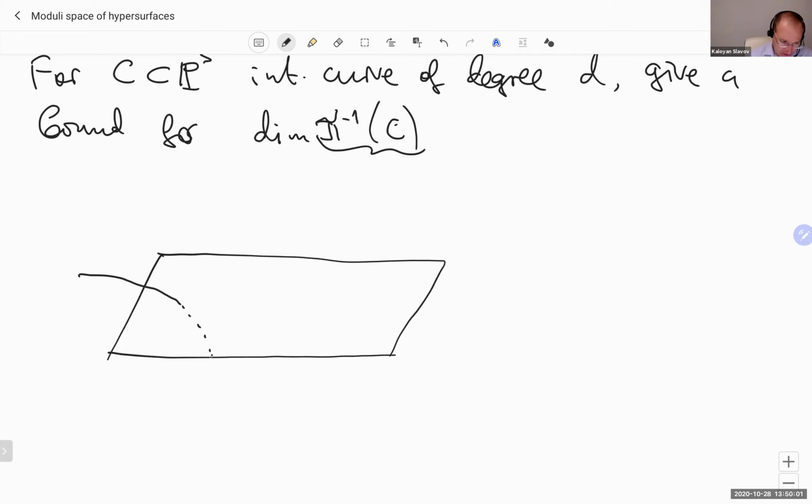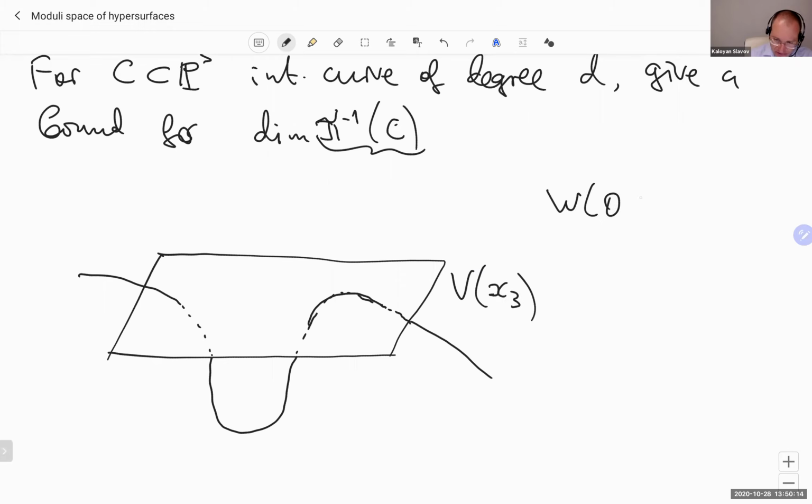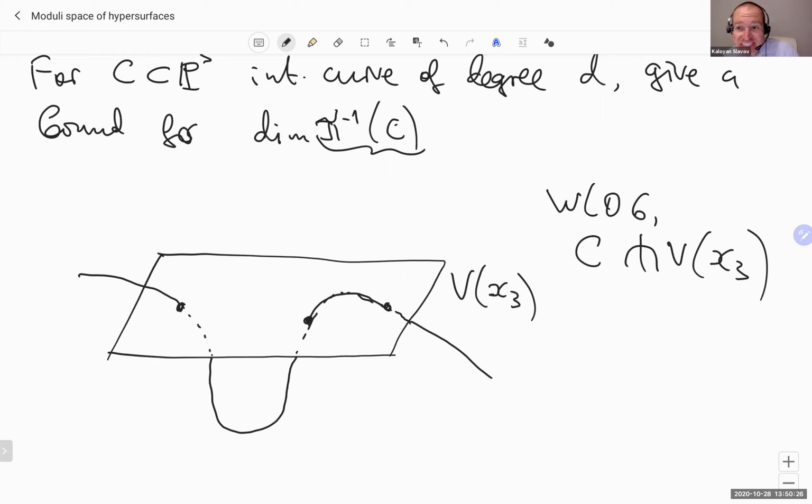We'll think geometrically. Here's how you do it. Let's say this is your curve, and this is the vanishing of x3. Without loss of generality, the curve C intersects transversely the hyperplane V of x3, so it intersects it in D distinct points. And now we can degenerate the curve to a union of lines.